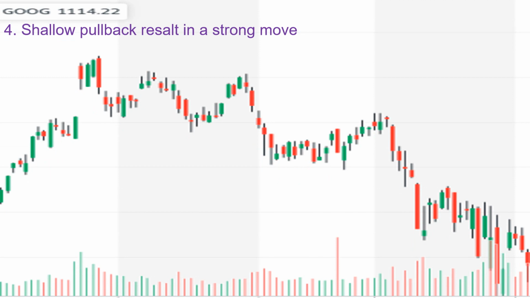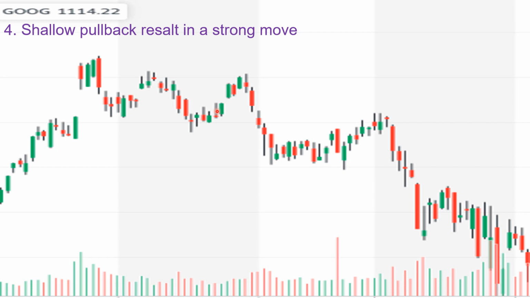So this is Google stock, D1 time frame, Yahoo Finance. You see that here the trend is moving strongly downward, and we are going to plot the Fibonacci retracement tool. Out of so many levels that Fibonacci has, we are going to only choose 3 levels.